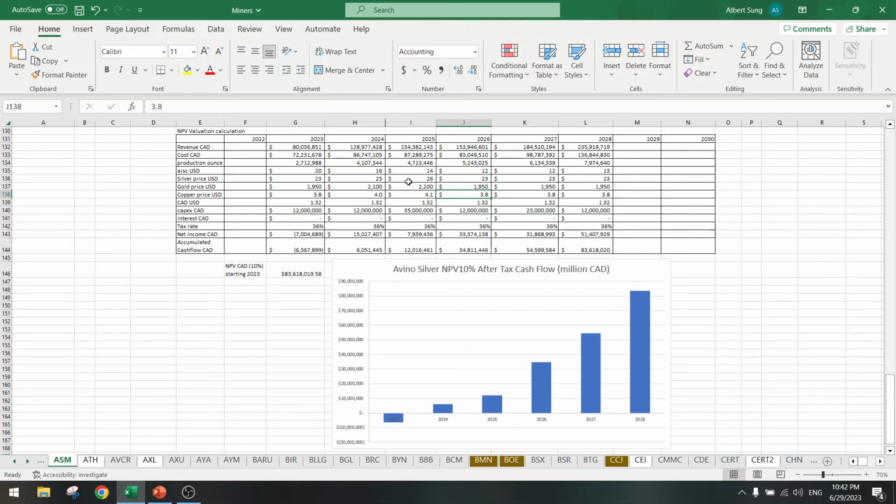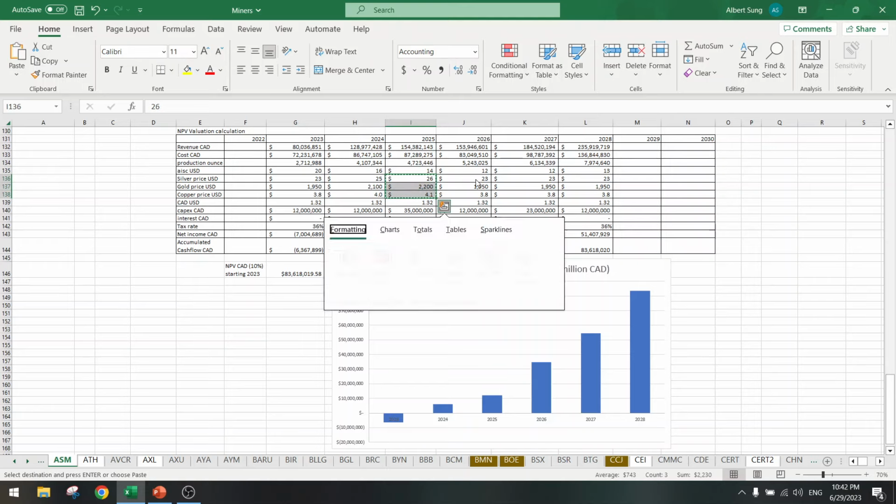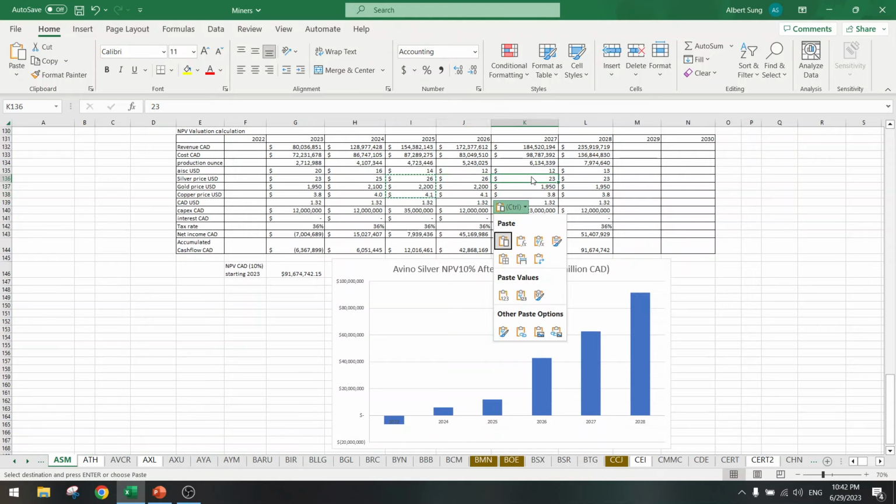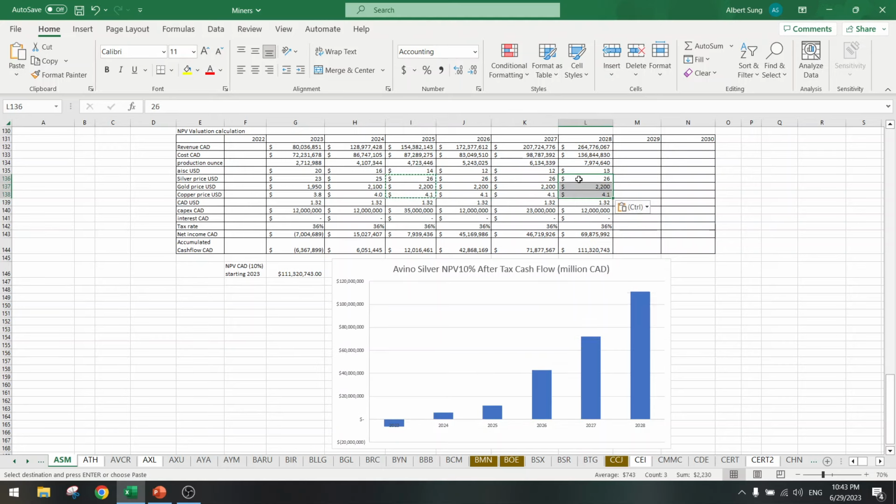So this is actually a very interesting tool that you can use to calculate the future, right? So with these numbers here, you can easily see that the 100 million will be reached in 2028 if we use these prices.